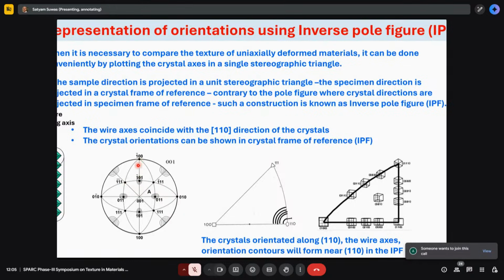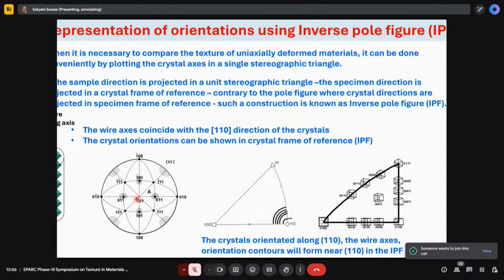It's not an exact triangle sometimes, because one side is curved, not a straight line. But each of these sections will have 001 at one corner, 111 at one corner, and 101 at one corner.